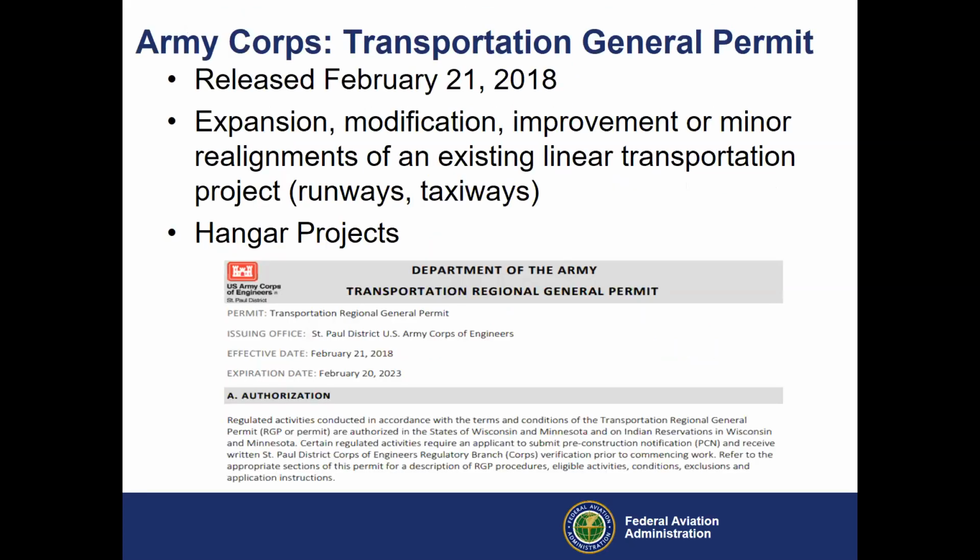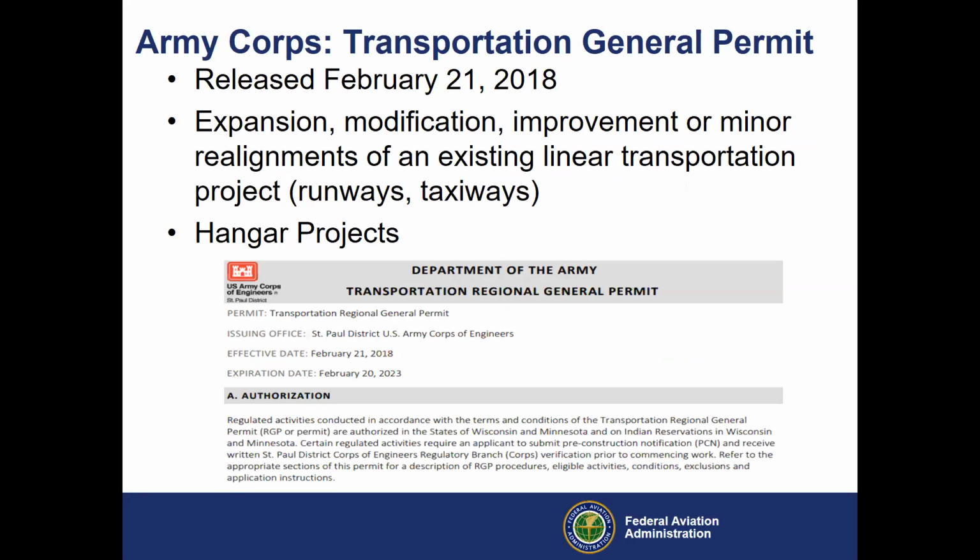Issued in 2018, and basically from a transportation perspective of aviation, it applies to expansion, modification, improvement, or minor realignments of runways and transportation projects. We can get hangar projects to apply as well.